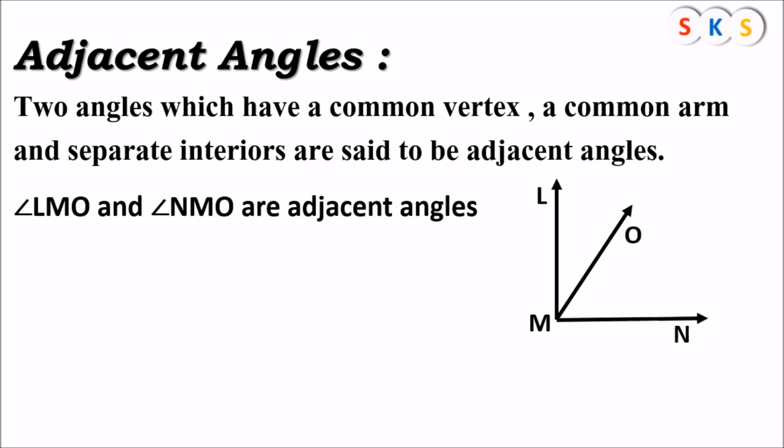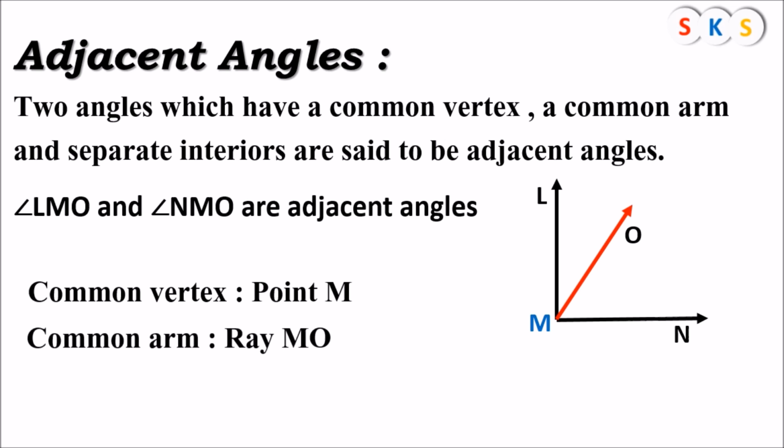Why are these two angles adjacent angles? Because they have one common vertex, that is M, right? And they have one common arm, that is ray MO.